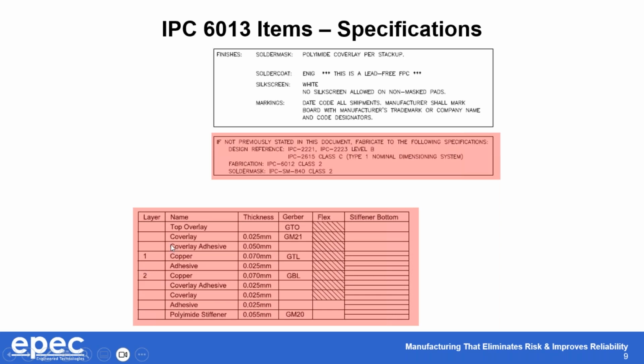So rather than calling out a specific Coverlay manufacturer or Coverlay product, they'd strictly call it Coverlay, Coverlay adhesive, and things of that nature. And then towards the bottom where they say polyamide stiffener, rather than using some trade name or specific product.